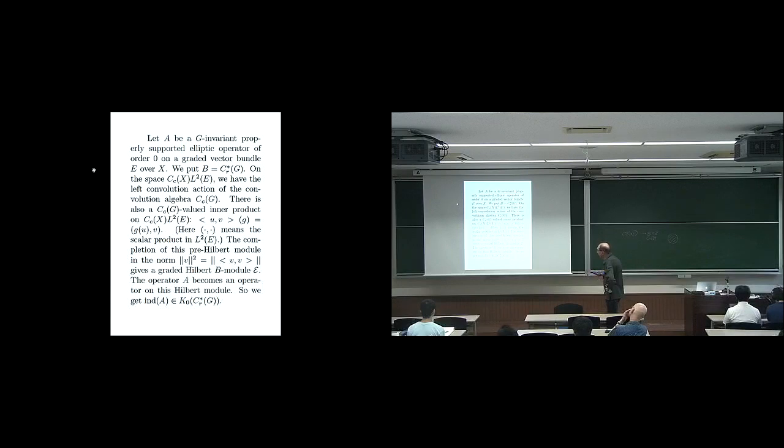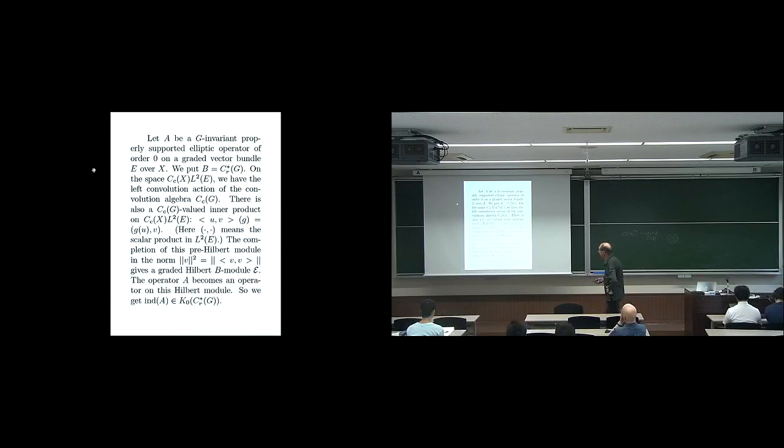It's important that the operator is G-invariant, otherwise it will not work. The operator is G-invariant, and if it is elliptic, it will become elliptic and Fredholm on this Hilbert module. So this is a very important part of the whole story, because you can make this out of any elliptic operator which is G-invariant and has good properties on a manifold which is not compact.